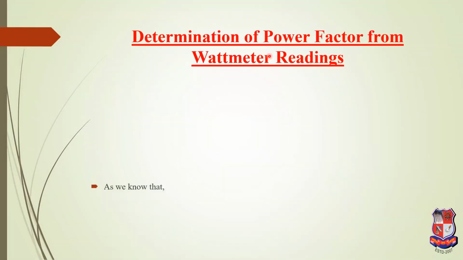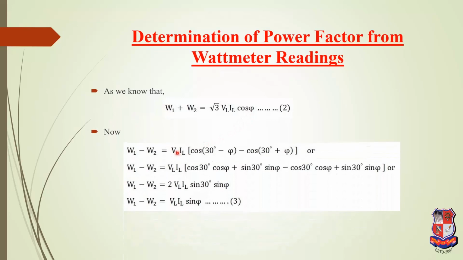Determination of power factor from the wattmeter readings. Now W1 and W2 are given by this equation, which we already saw. Now take the subtraction, the W1 minus W2 equation. Again we simplify, and finally we get W1 minus W2 is equal to VL IL sin phi. Now take the ratio of these equations, that means equation 3 divided by equation 2.